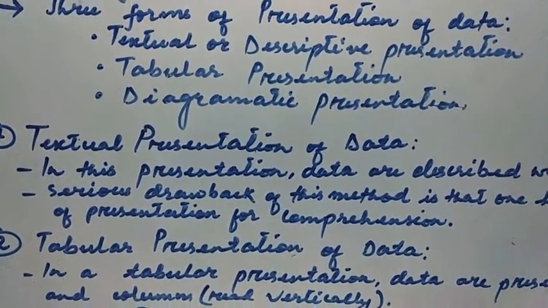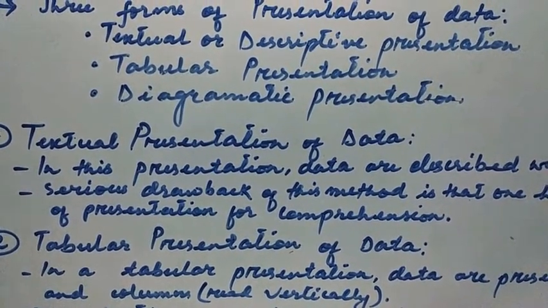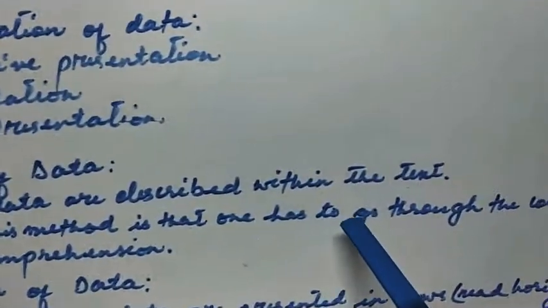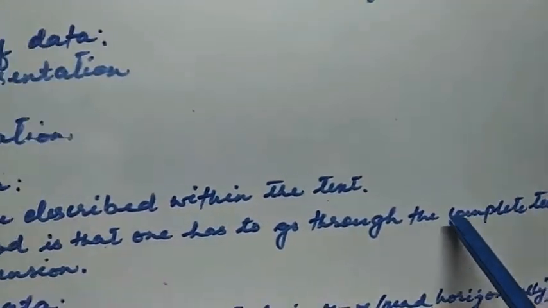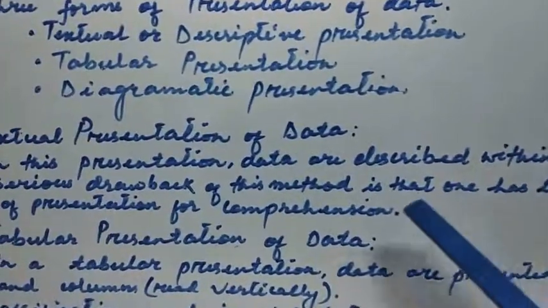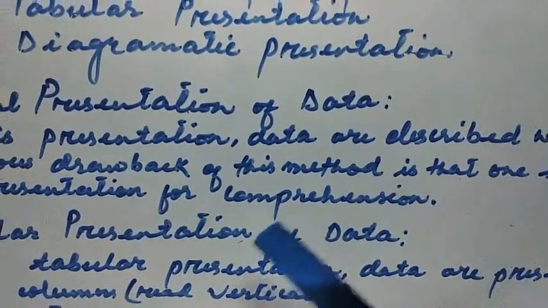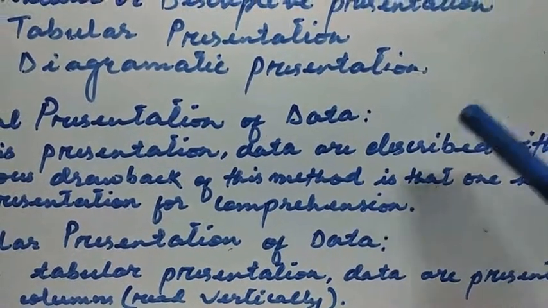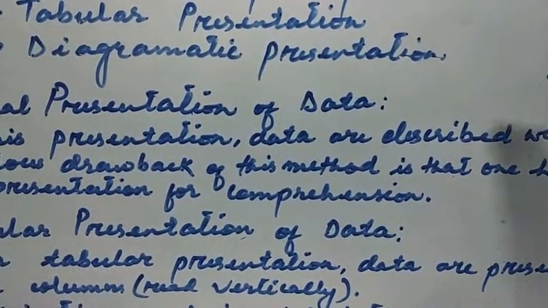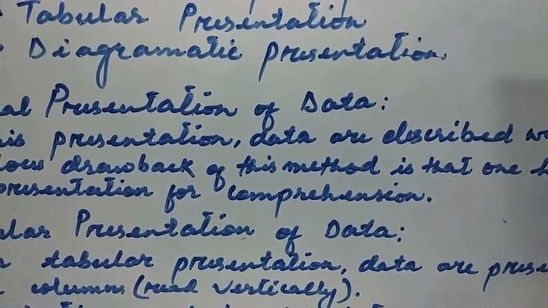So what is a serious drawback of this textual presentation of data? The serious drawback of this method is that we have to go through the complete text to make comprehension of what is given. You have to read from beginning till the end so that you are able to comprehend the data given.